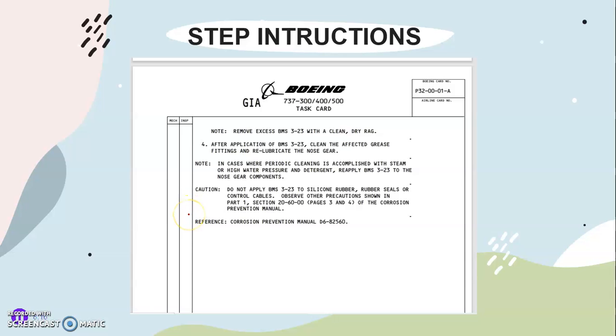Reference: Corrosion Prevention Manual D6 82560. So, in the first task card, we must do work order in sequence, not randomly. Okay, let's move on to the next task card.